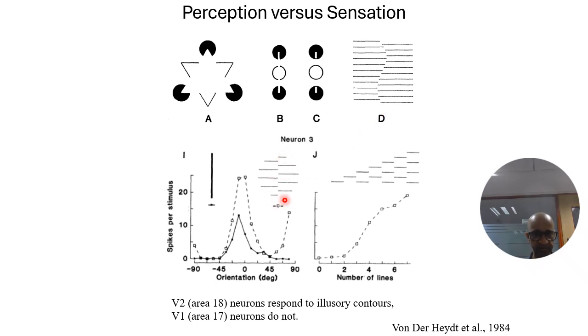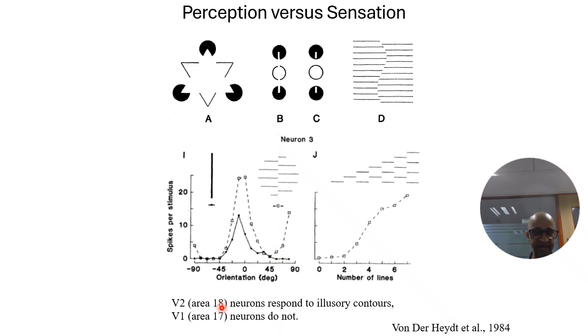Same thing over here, you perceive a line with vertical lines with more and more confidence as the number of these horizontal lines keep increasing, right? But when you look at the primary visual cortex, area V1, you'll see only responses to the lines that are clearly visible, that are actually there in your image. So for example, a primary visual cortical neuron will respond to just this vertical line. It will not say that this line is vertical over here.